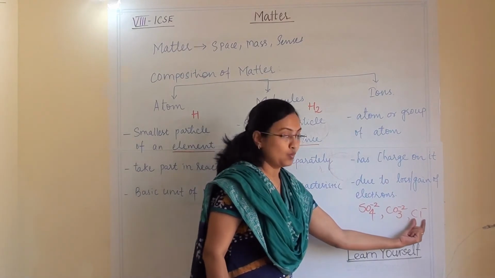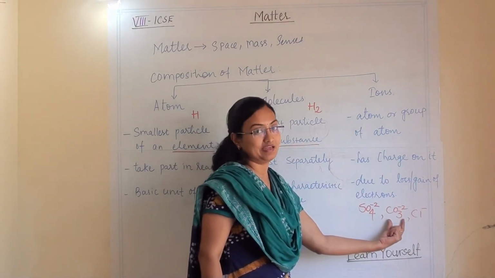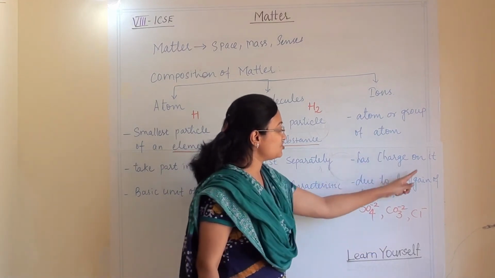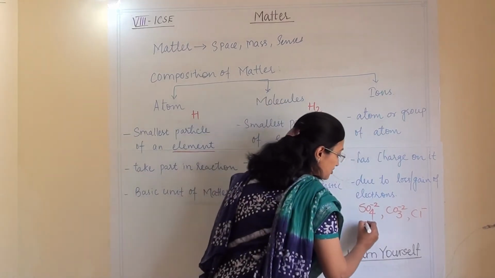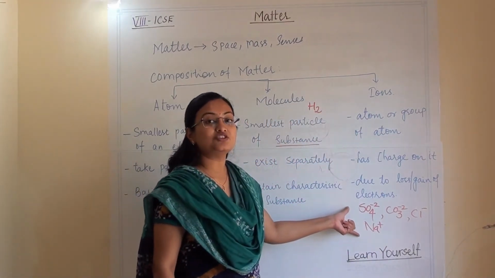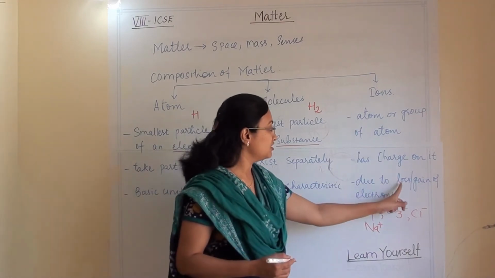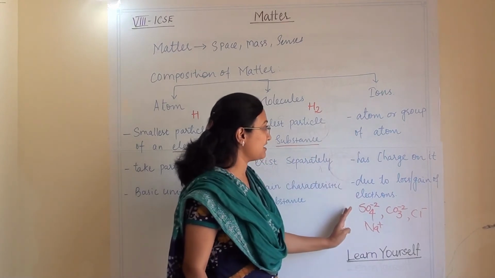It can be one atom or many atoms. It has a charge on it, either positive or negative. And this charge is gained because of the loss and gain of electrons. So these are the ions.